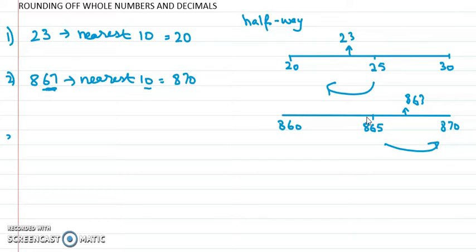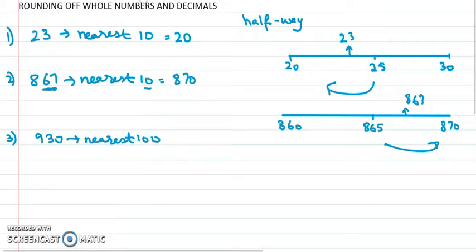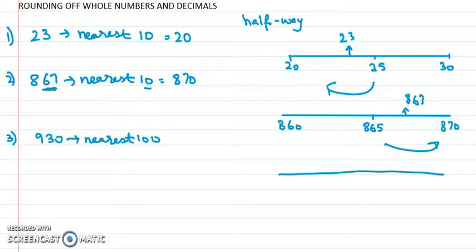We can do the same thing with hundreds and with thousands. Let's take a very basic example. I have a number 930. I need to round it off to the nearest 100. In that case, we'll make our number line. You can also do it without a number line.